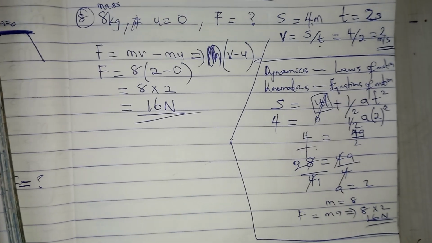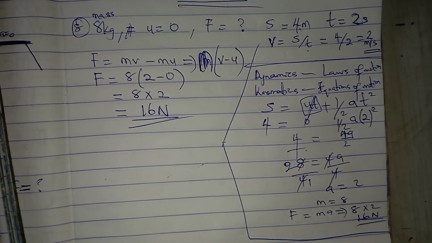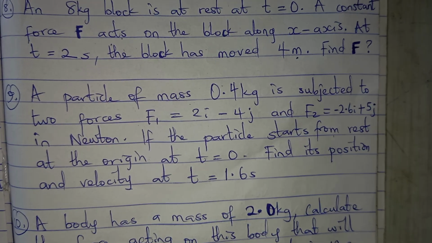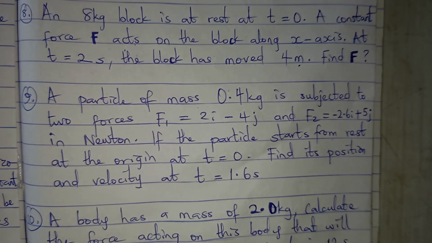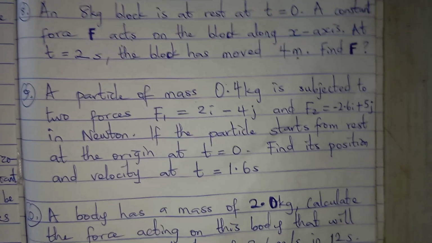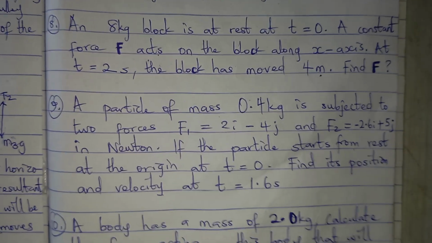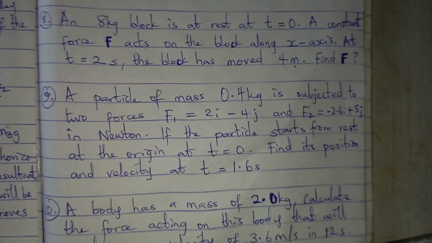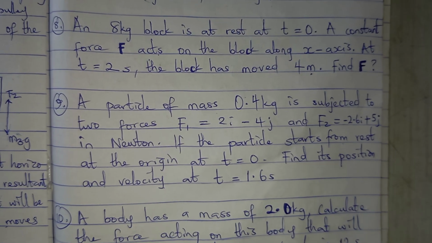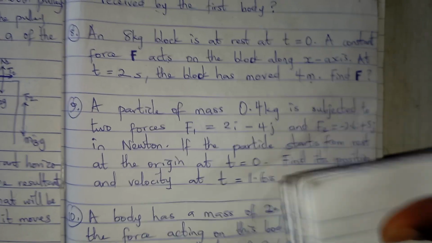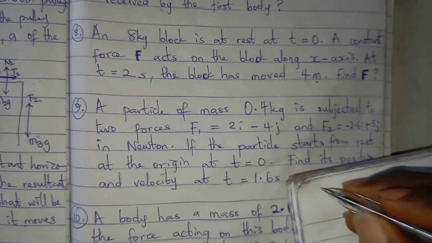All right, let's move to the next question, question 9. So they say a particle of mass 0.4 kg is subjected to 2 forces. Let me just be writing as I'm reading.